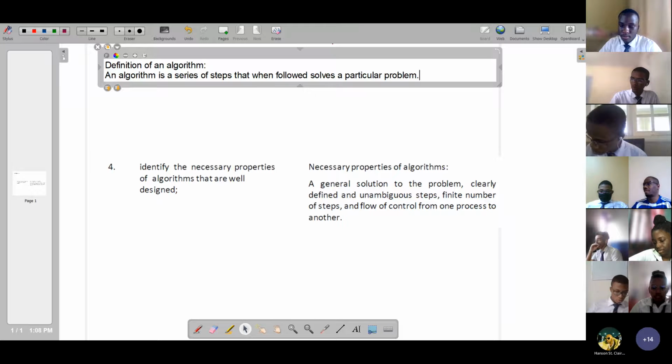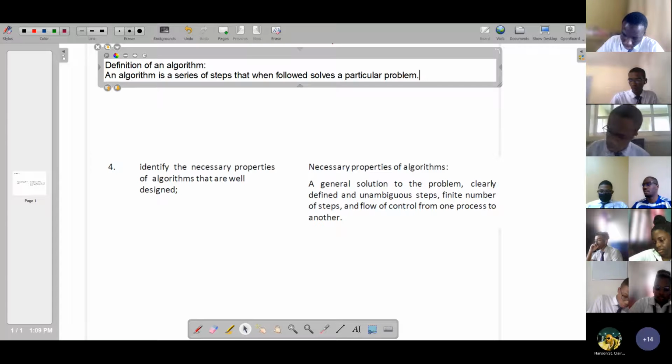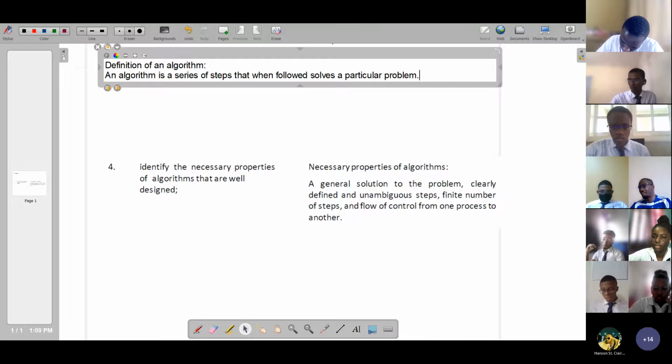Saying that it carries out a function is inclusive, but it doesn't give me the answer that there was a problem, and at the end of this algorithm there should be no problem again, or there should be some resolution to the problem.